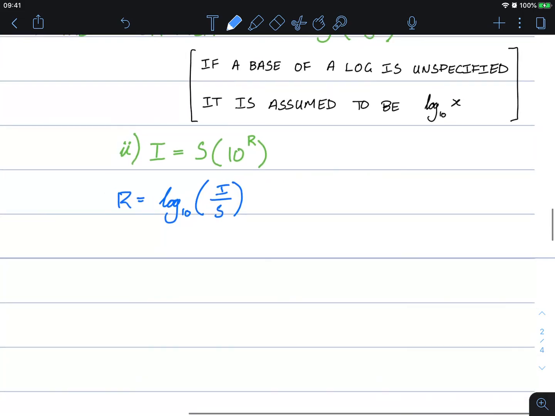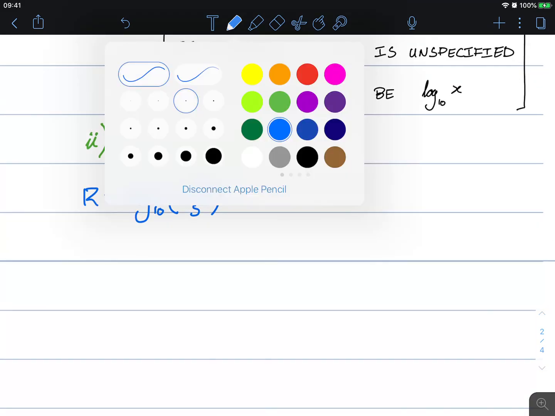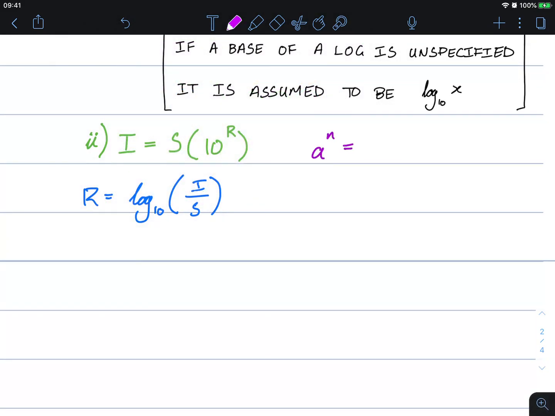So using our very original definition of logarithms, a to the power of n equals k becomes log base a of k is equal to n. Using this definition, we can rearrange this one.